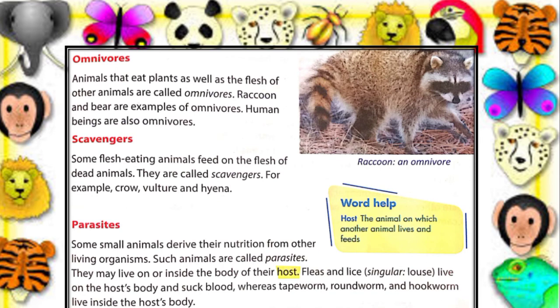So technically this poor deer was not a predator's leftover meal, but an animal that was killed from some other factor like accident or disease. So some flesh eating animals that feed on the flesh of dead animals are called scavengers.